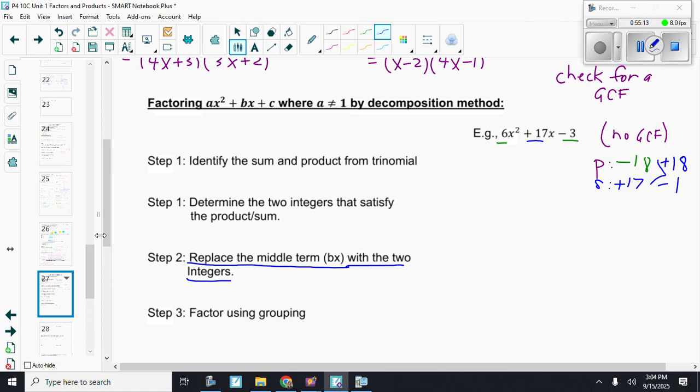So what this looks like with our example is 6x squared plus 18x minus 1x minus 3. Look what I just did. If we collected like terms, did I change my expression? If we collected like terms, I would end up with 17x.